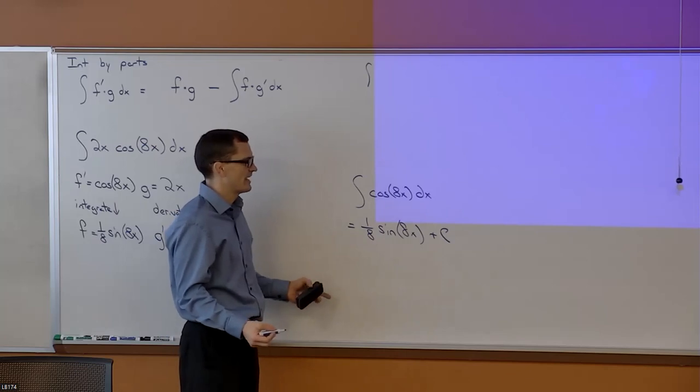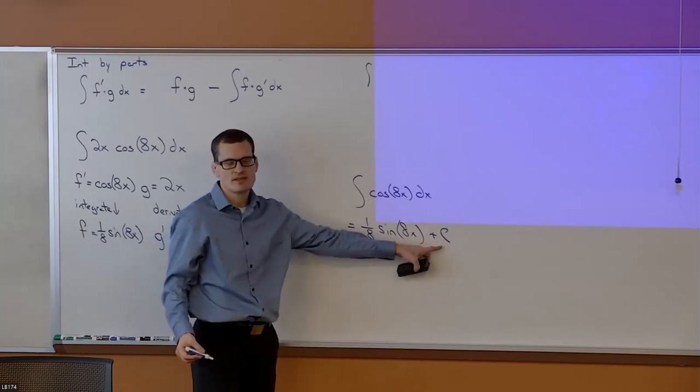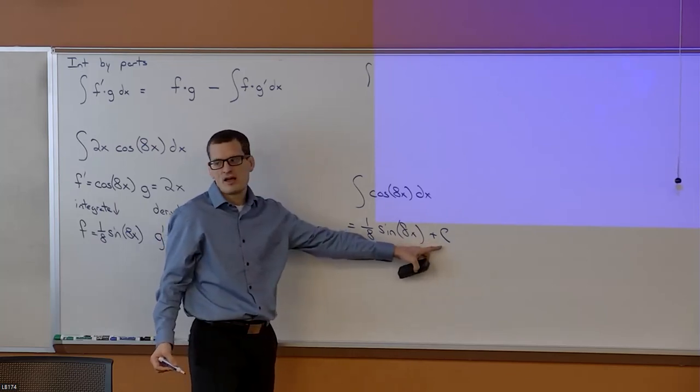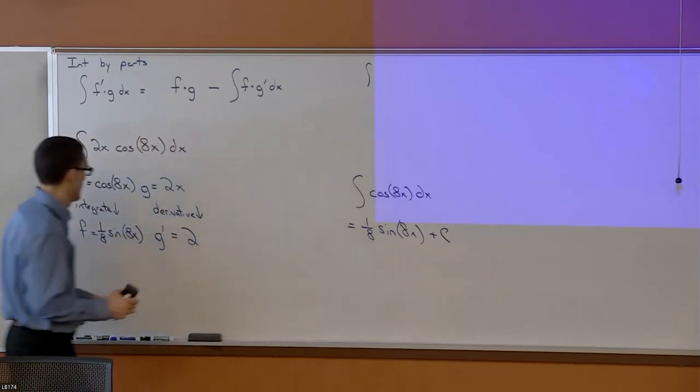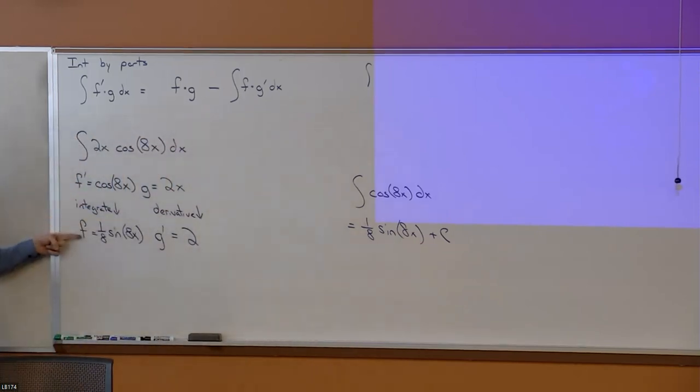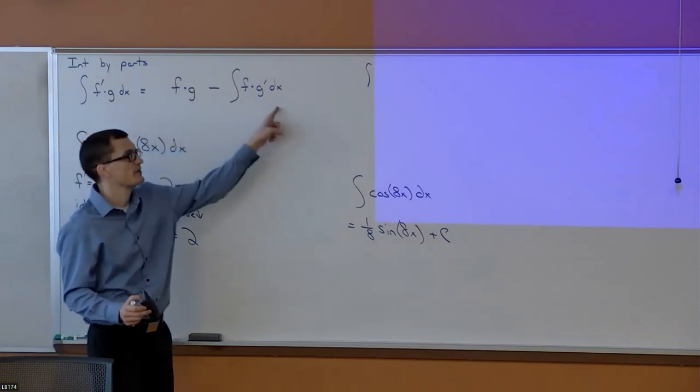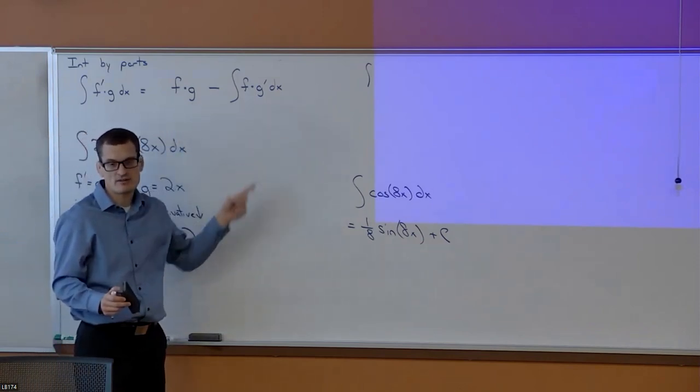Just as a little side note, normally when we integrate, we tack on a plus constant. We don't need to tack on our plus constant over here, because when you throw it into this formula, it'll eventually get canceled out.